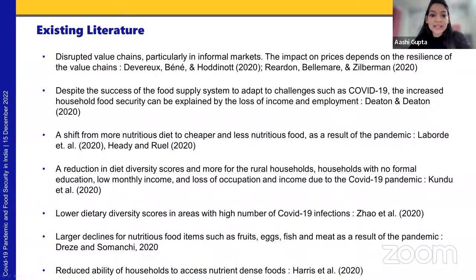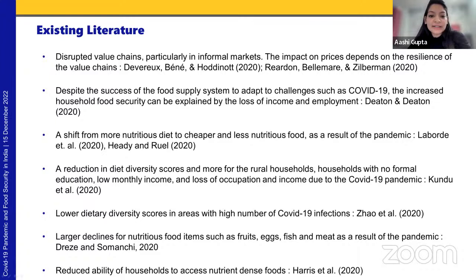However, at the same time, the impact on prices depends on the resilience of the value chains. It has also been noted in the literature that despite the success of food supply systems as measured by their capability to adapt to changes such as COVID-19 or provide a variety of food at relatively low prices, the increased household food insecurity can also be explained by loss of income and employment.